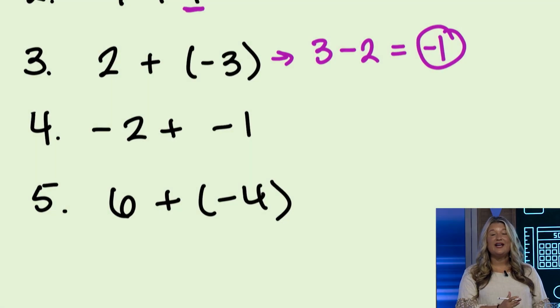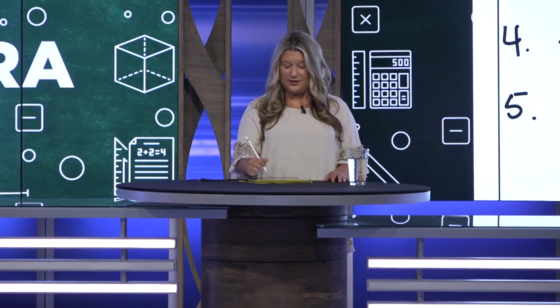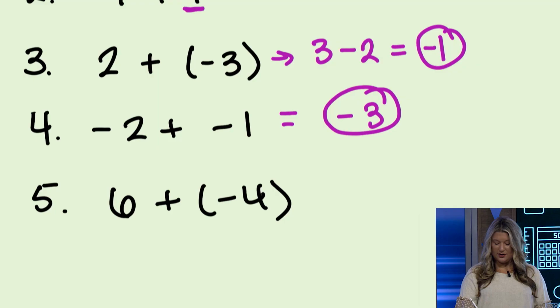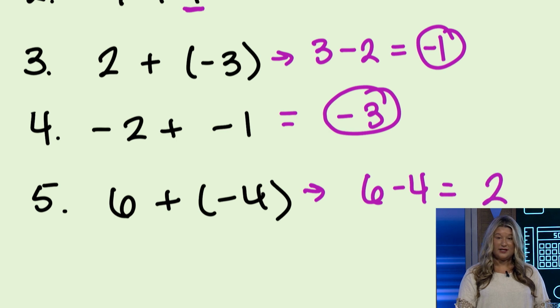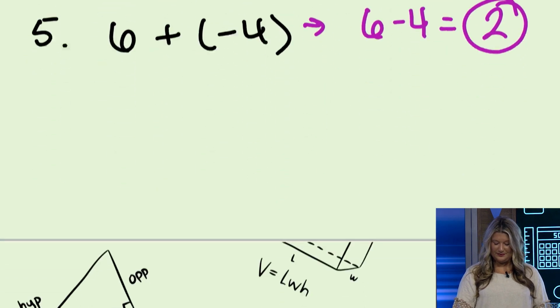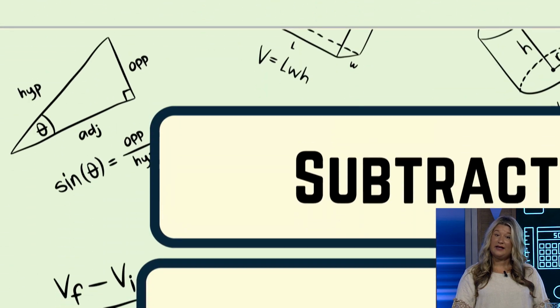So if you do -2 plus -1, if you add those together, they have the same sign. You should have gotten -3. For 6 plus -4, 6 minus 4, we get 2. 6 was the bigger number, had the sign, and we get 2. And that's integers, adding at least.